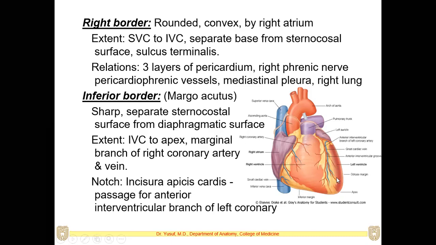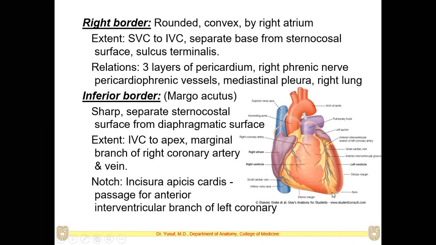Sternocostal surface is this surface which is in the front, which is in contact with the sternum. So this is called the sternocostal surface, and it is separated. This inferior border will separate the sternocostal surface from the inferior surface, that is the diaphragmatic surface.